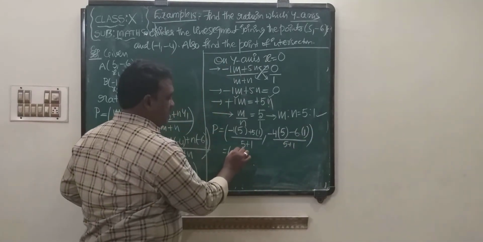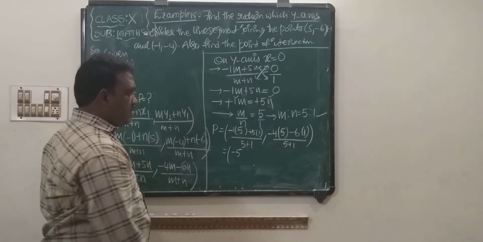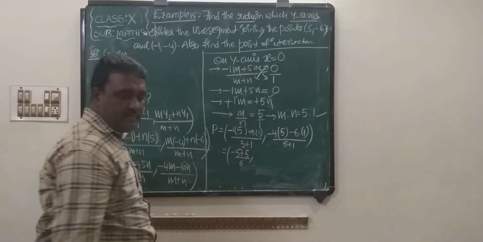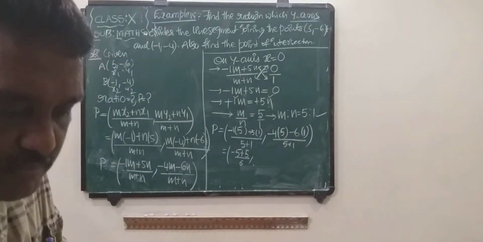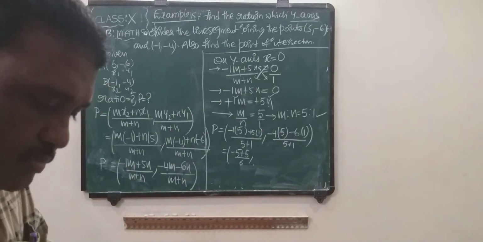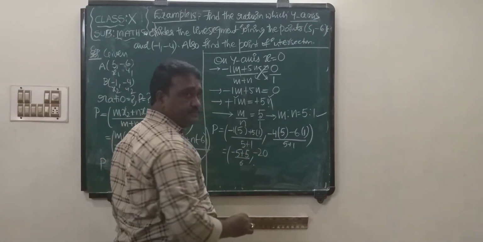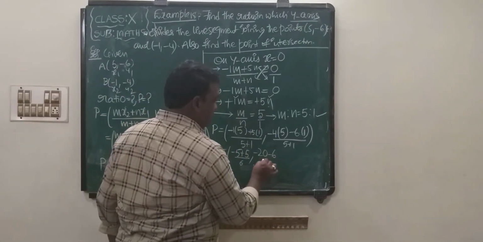So minus 5 plus 5 by 6 comma minus 20 minus 6 by 6.